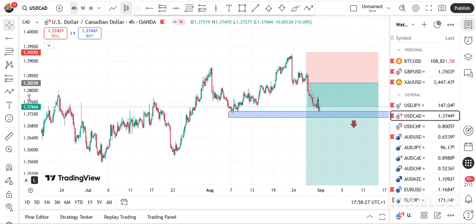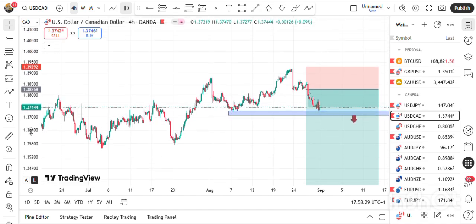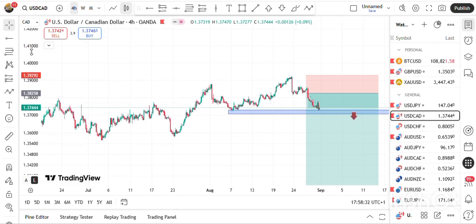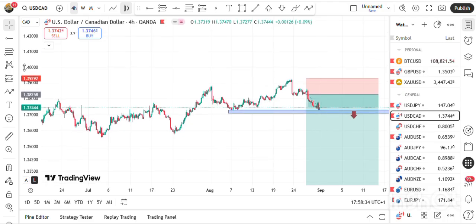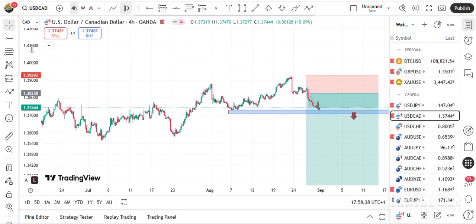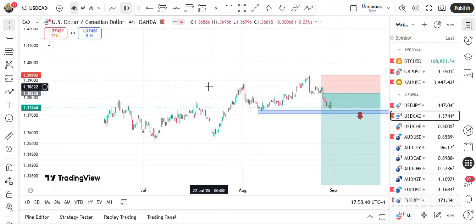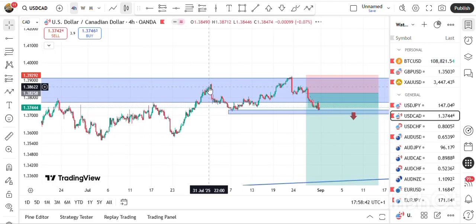I was looking at USD CAD as well, and I identified a beautiful trade. In fact, a friend drew my attention to it a couple of days back, and I looked at it myself, and it was really good, so I had to jump in the trade as well.